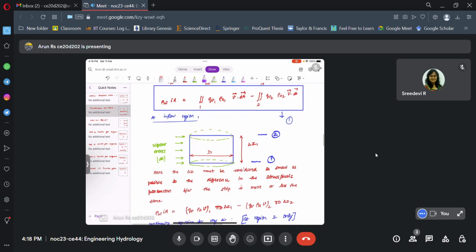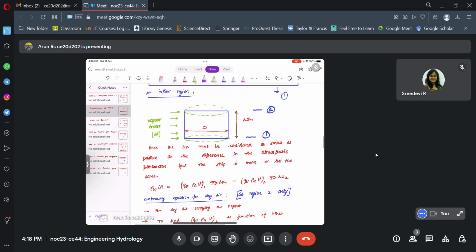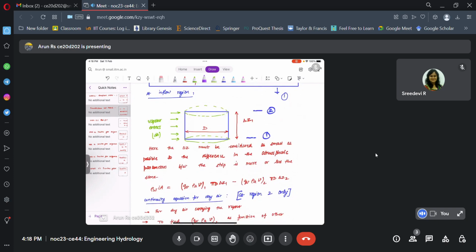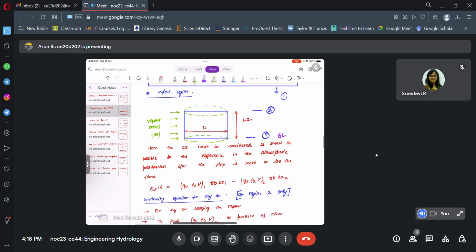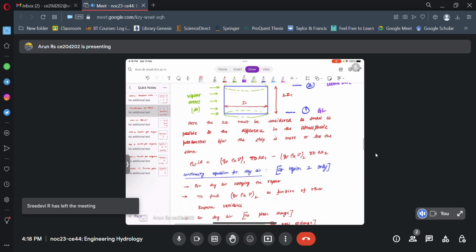So now coming to the inflow region, we have seen that this is the ground level and this is the cloud base. So now we need to determine what is the specific humidity, what is the density of the air, what is the velocity and what is the area. So we are going to derive based on this.